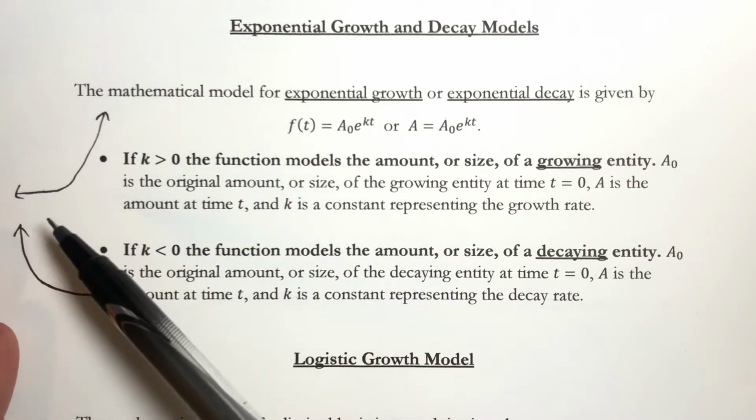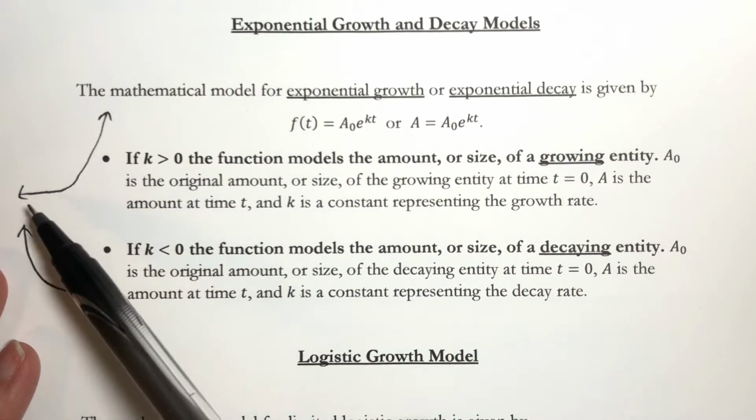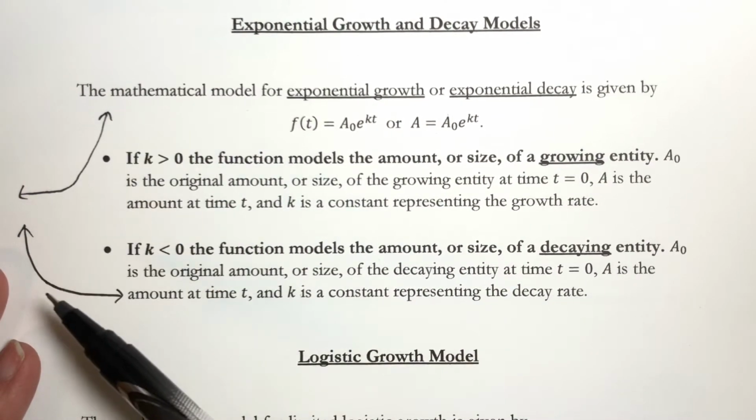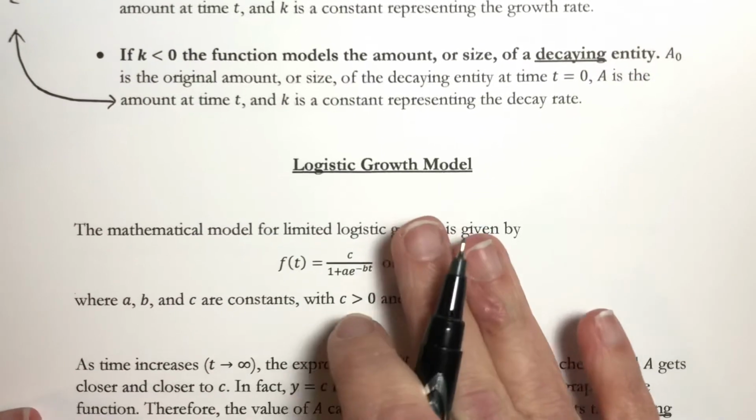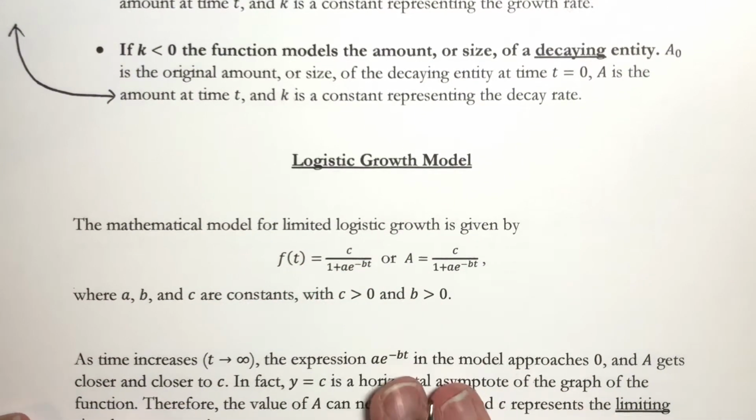I mean, this assumes if it's bacterial growth that they have no problems finding new hosts, they have no problems finding fuel, they have everything that they need in order to live. Now, we know that that is not reasonable. There's always a limit as to how big a population can get, okay? Because they will run out of resources, they'll run out of food, they'll run out of water, they'll run out of something.